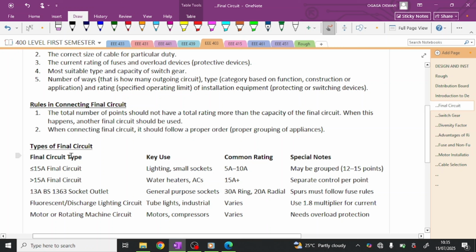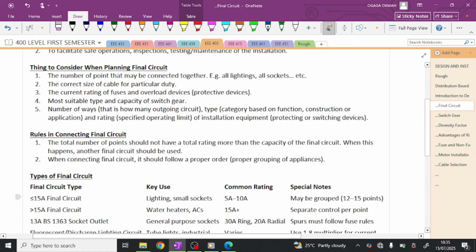Now for types of final circuits, we just arranged them in tabular form. This is the final circuit type, the uses, and the common rating. You can have different ratings, but these are common ones, with a little note about each. First, the final circuit less than or equal to 15 amps.